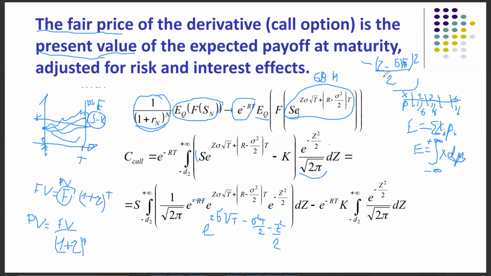The product distribution, the first on the second, is this, and the square of this, sigma squared T, is this. After that we can replace this.